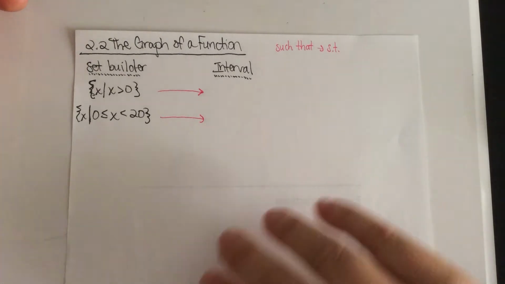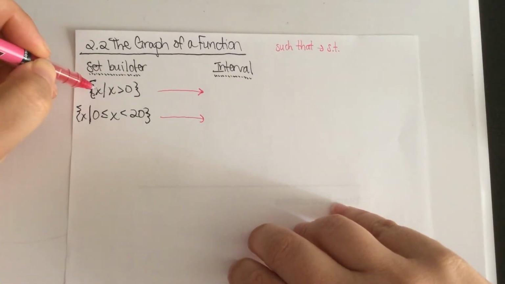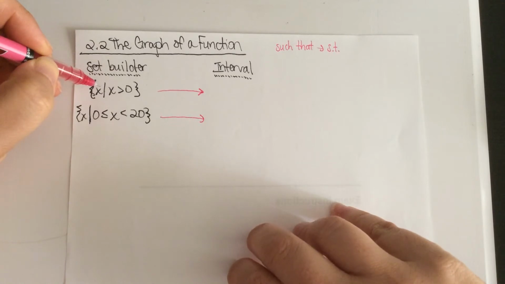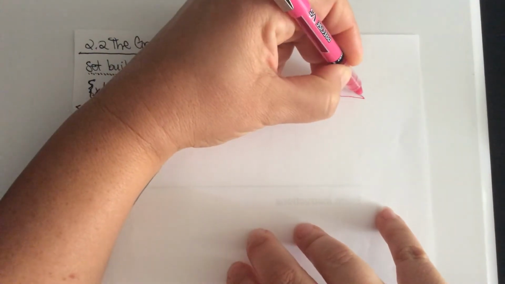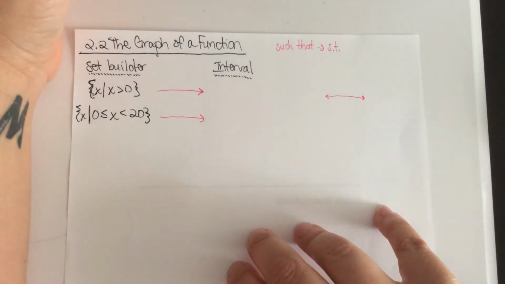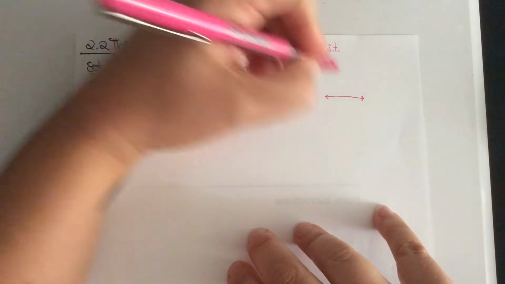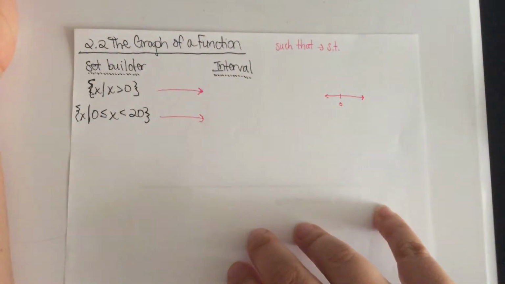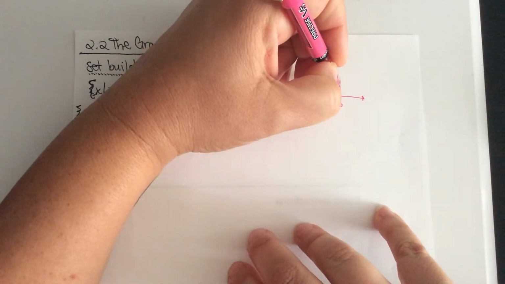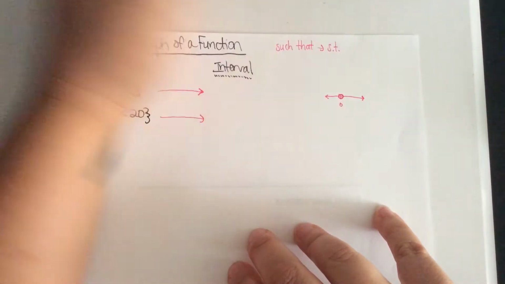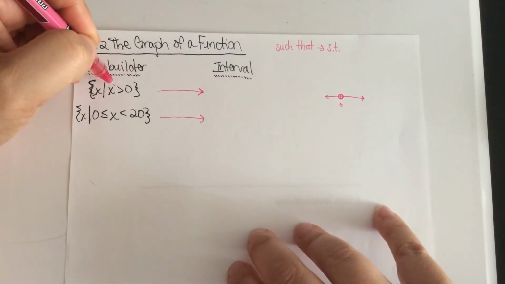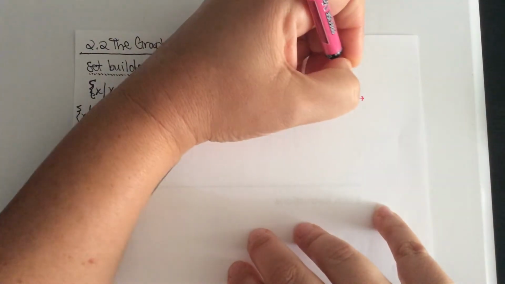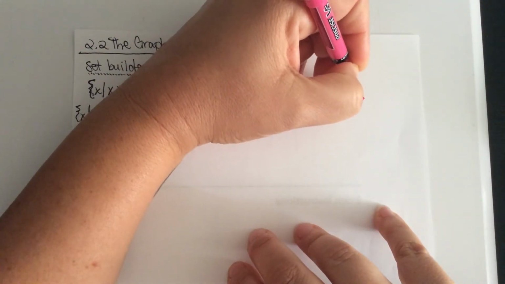Okay, so for the first one, we want all values of x greater than 0. Oftentimes, just like last time, I find it helpful to draw a number line. So I want to go 0, yeah? And normally, like in Algebra 1, we make an open dot for not equal. And then we want to go greater than, so we want to go to the right.